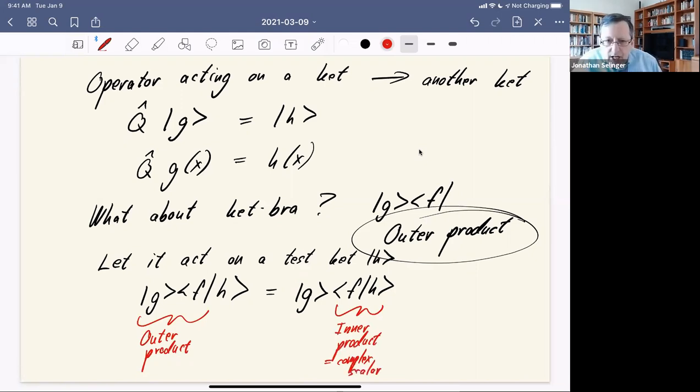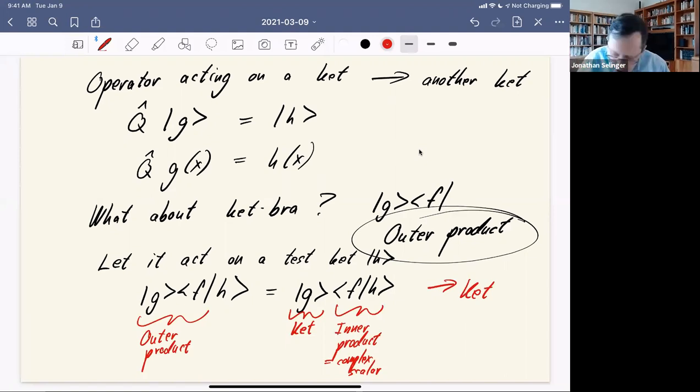This thing is just a number. So this is a number times a ket over here. So this combination is a ket.